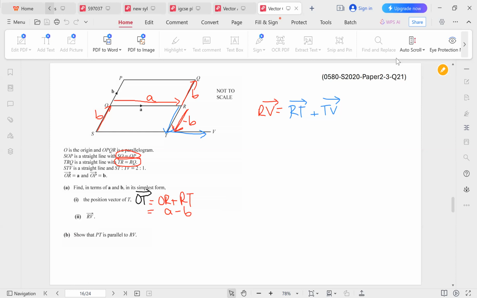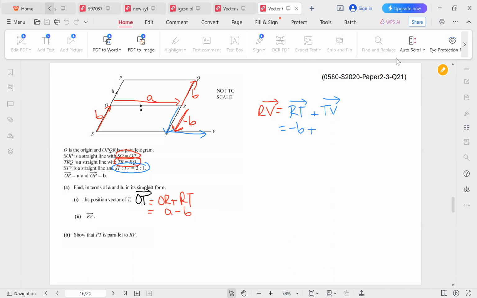Now, we already have RT as negative B, and we want to get vector TV. So we're going to have to use the ratio that they gave us, which is ST to TV equals 2 to 1. So let's write that down and try to figure it out.